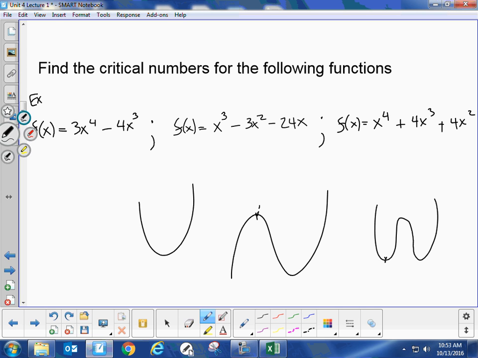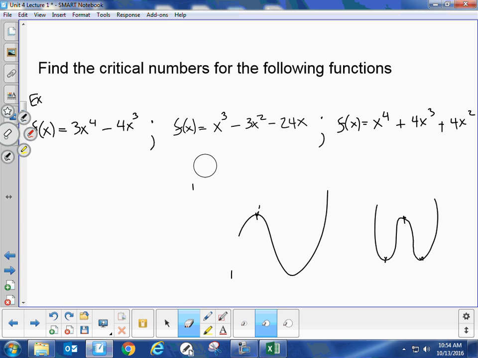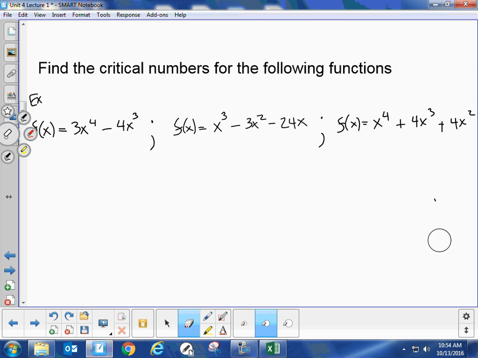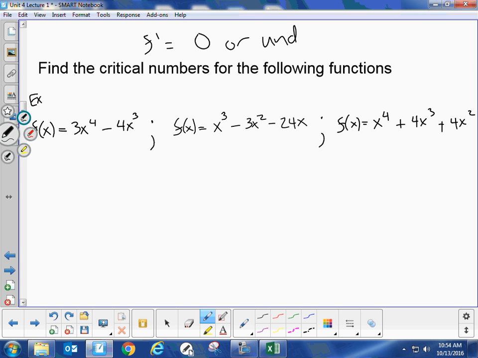We will try to find the locations of these humps. To find the locations of the humps, we'll take the derivative and set it equal to 0, to find the possible locations of the humps. To find the critical numbers, just take your derivative, set it equal to 0, or see when it's undefined.